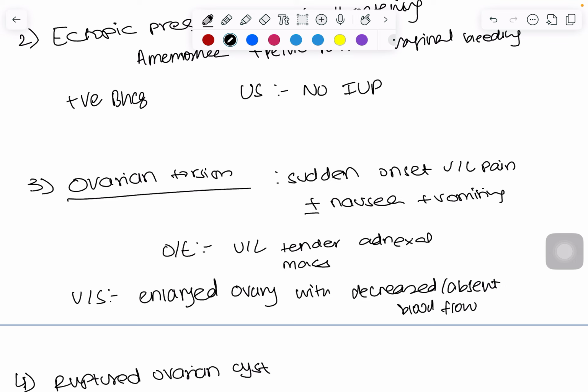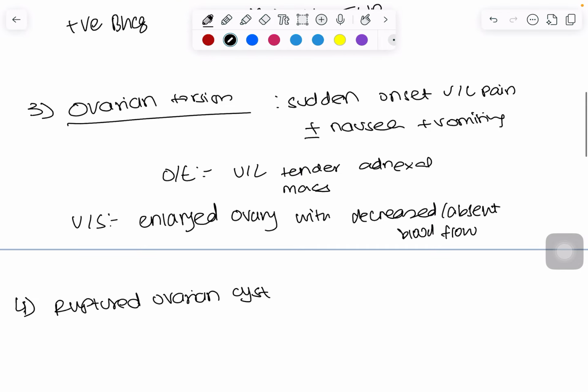So it's also a surgical case, just like the ectopic pregnancy, which can be medically managed or surgically managed.